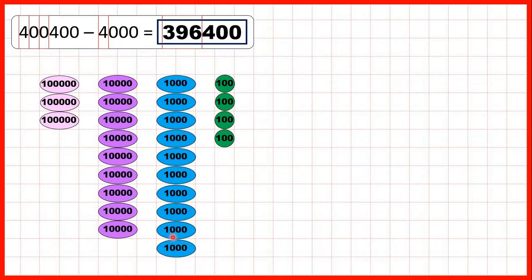So now we can take 1, 2, 3, 4 of these 1,000 counters away, and that gives us an answer of 396,400, because we've now got only 3 100,000 counters, 9 10,000 counters, and 6 thousands counters.